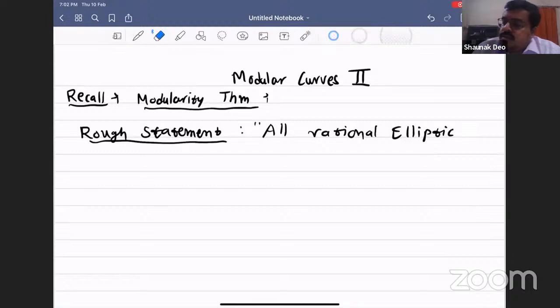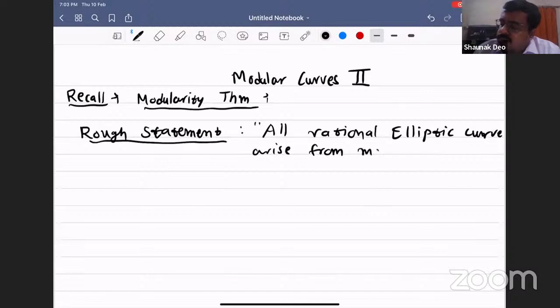Now, this sounds good as a slogan, but it is not precise at all. So obviously, we want to be more precise, and later on, as we proceed in this talk, we will make this statement more precise. But this is the one line that you should keep in mind about the modularity theorem. If somebody asks you, this is the slogan you can say.